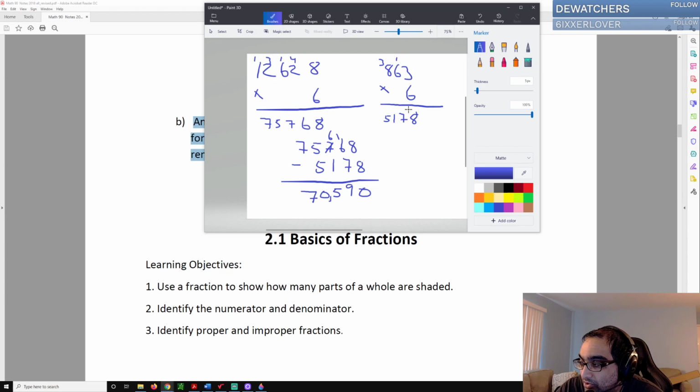Anybody can enter stuff in a calculator. That's easy. But you have to actually show me how you get that answer. If you don't show me the work behind that answer, I will take off points for that. I might take off all the points for that problem.